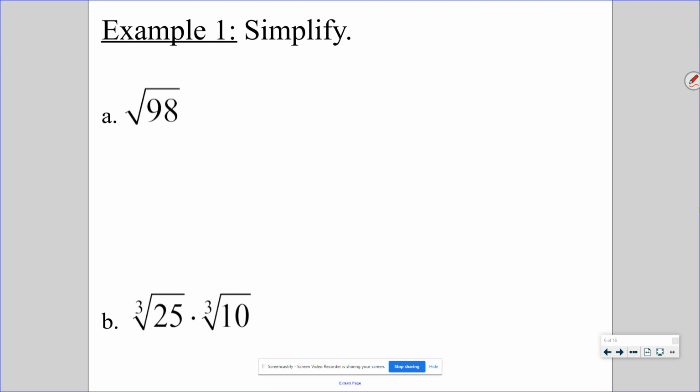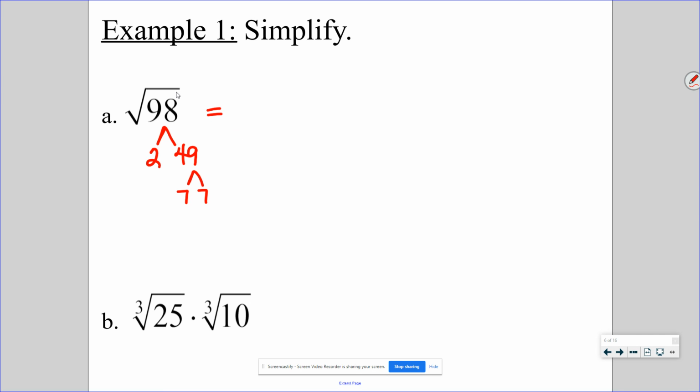Here we go. So the first one is just a review again of the examples I did in the first introductory video. So I'm looking for what times what equals 98. 2 times 49 I know works. And I'm going to continue breaking this down until I get to prime numbers.